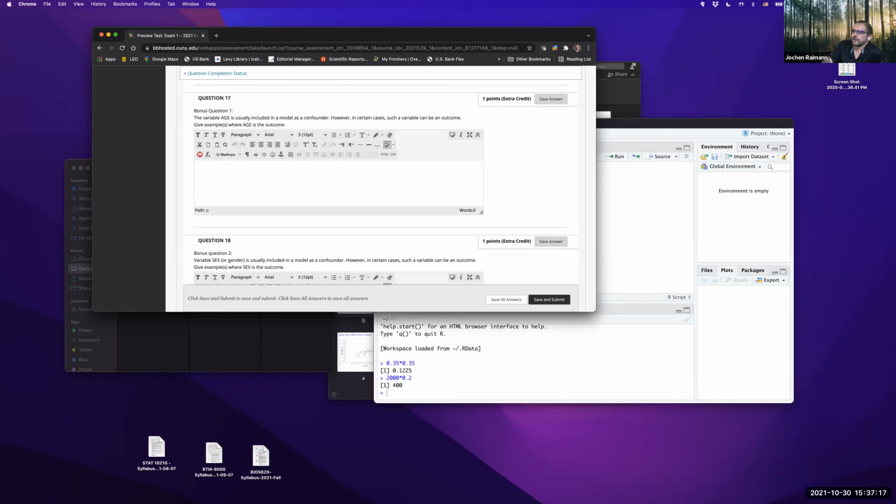Okay, the variable age is usually included in a model as a confounder. However, in certain cases, such a variable can be an outcome. Give an example where age is an outcome. Okay. Shoot the examples.